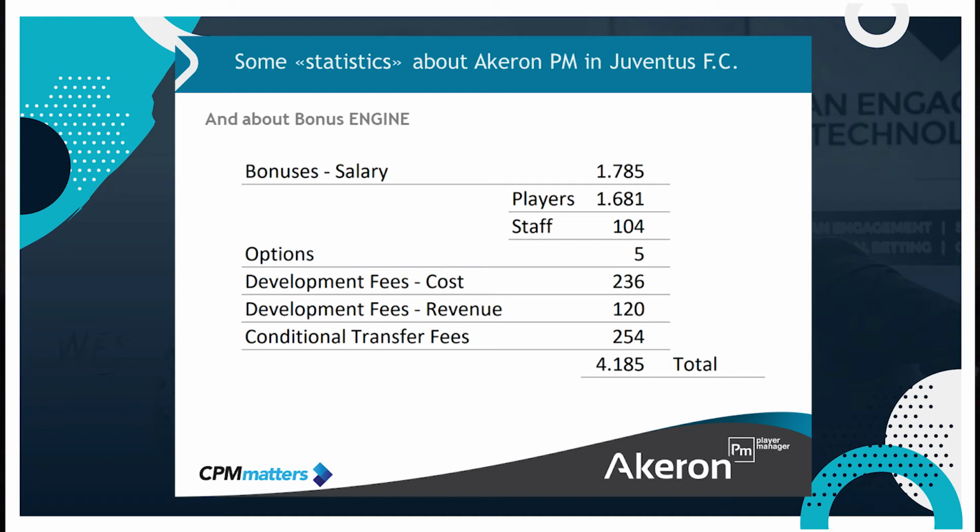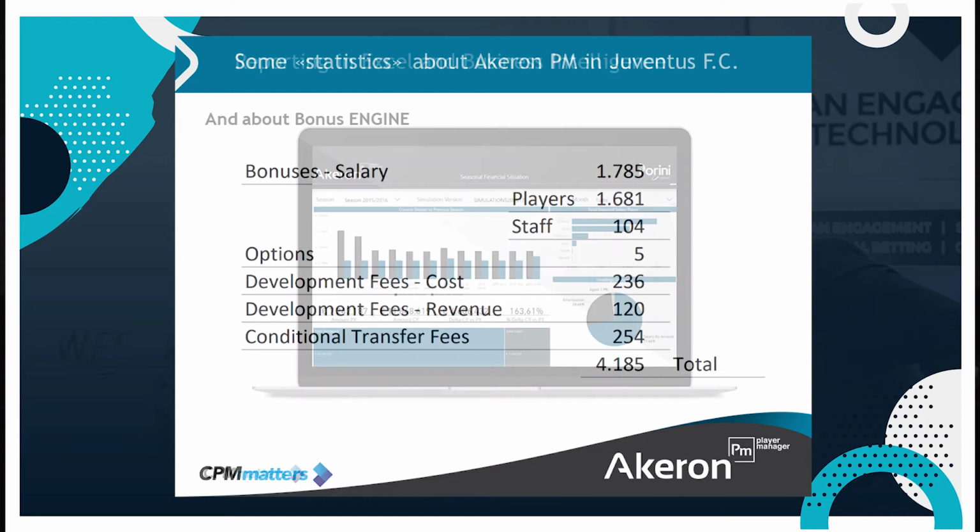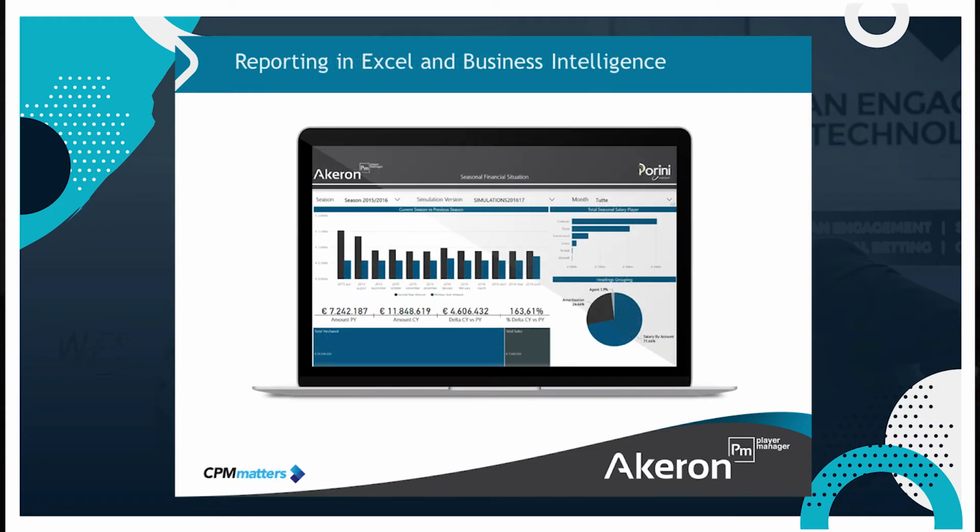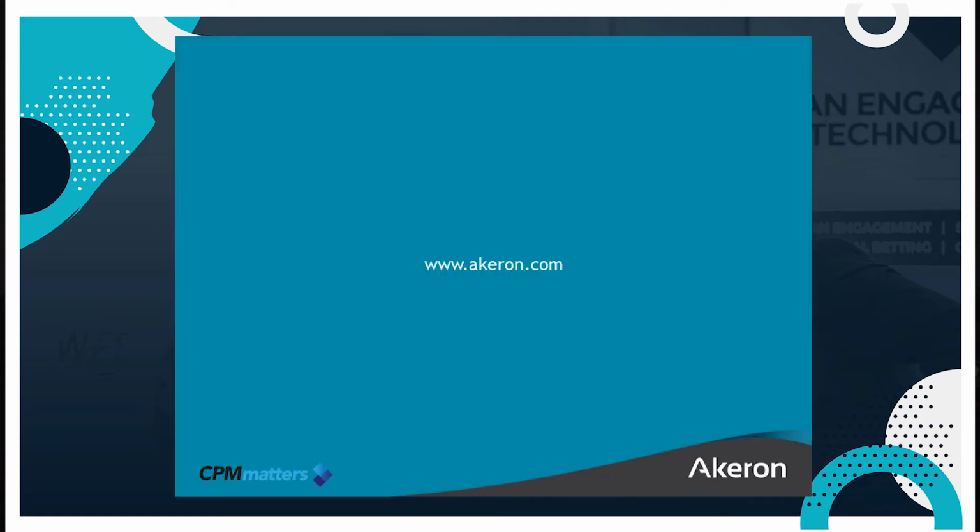And about the bonus engine, we are talking about 1,700 bonuses on salary, divided by players and staff. Then we have options, development fees and conditional transfer fees. Obviously, everything is reportable in Excel and can be imported and exported in Excel. And there is a business intelligence tool based on Microsoft Power BI.